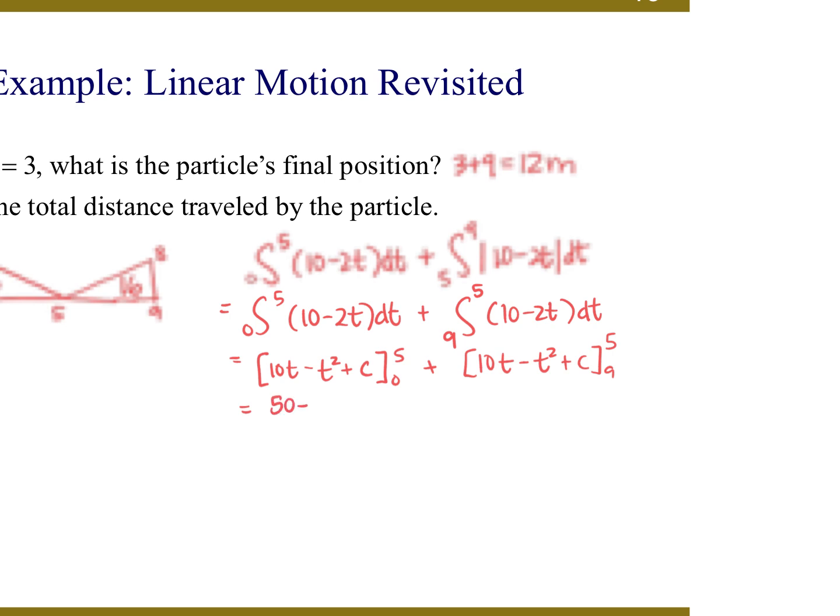So 50 minus 25 plus c minus 0 plus c. That's the first integral. And then 50 minus 25 plus c minus 90 minus 81 plus c.